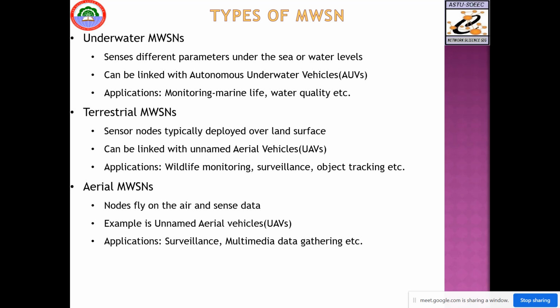One is called the active node, and the second one is called the passive node. Active nodes can actively, or we can say intentionally, move from one place to another place, and the second one is called passive mobility.